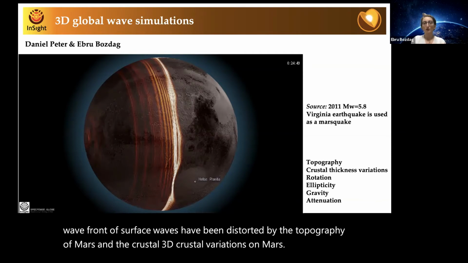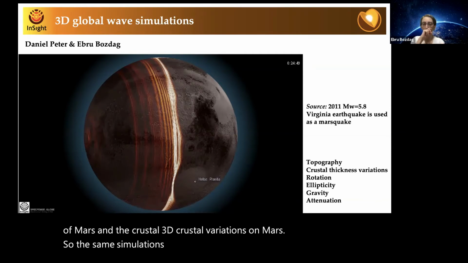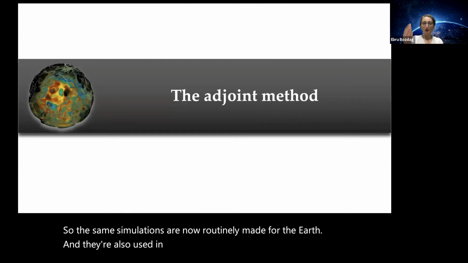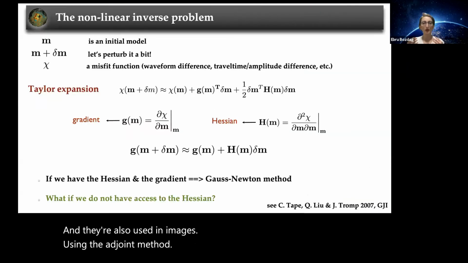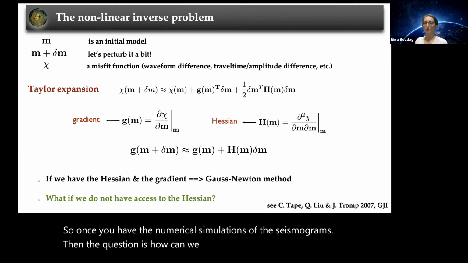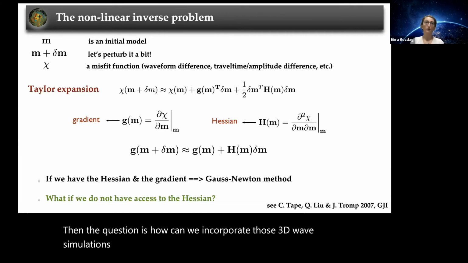The same simulations are now routinely made for the Earth, and they are also used in imaging using the adjoint method. Once you have the numerical simulations of the seismograms, the question is, how can we incorporate those 3D wave simulations in seismic tomography?